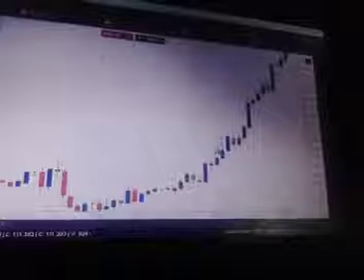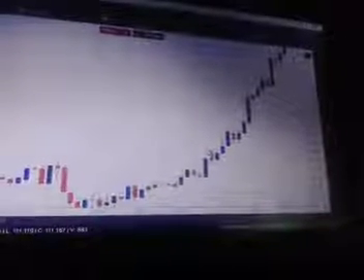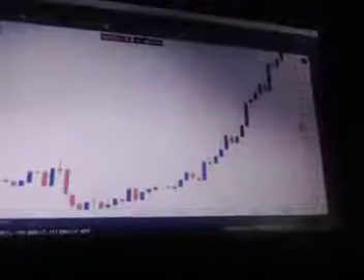So that's just about that. When a level is broken, when resistance is broken, it turns into support. When support is broken, it turns into resistance.